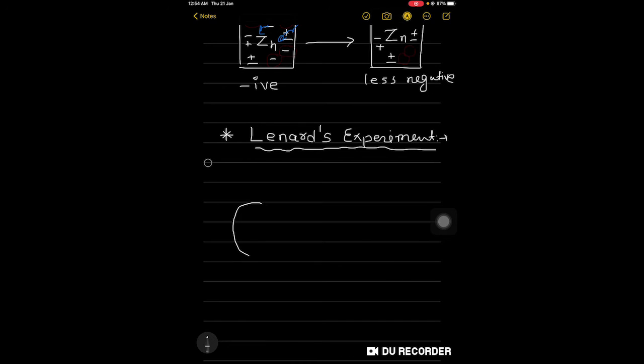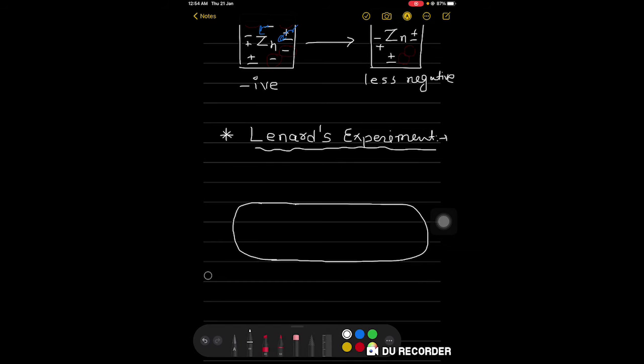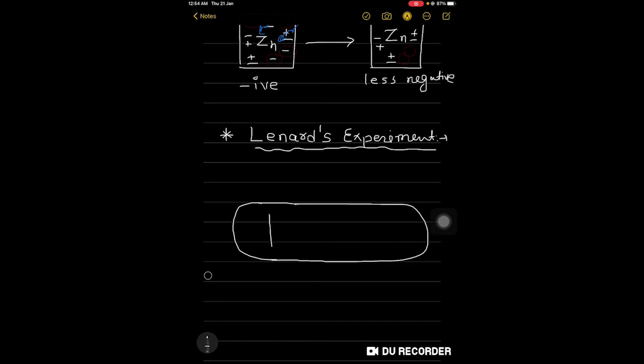Here I can draw it. This is suppose one tube. Now in this tube he arranged two metallic plates. These two are metallic plates which will work as electrodes.